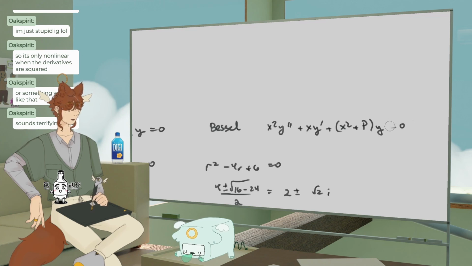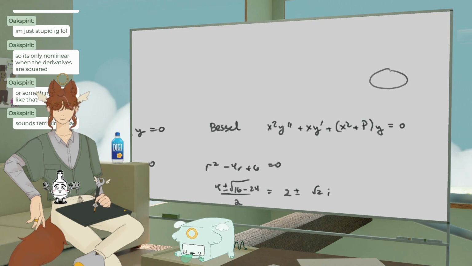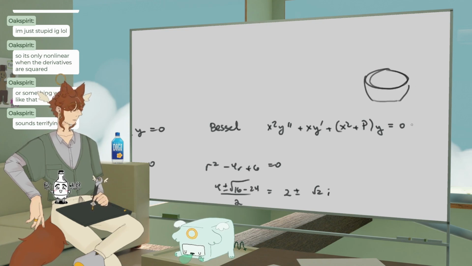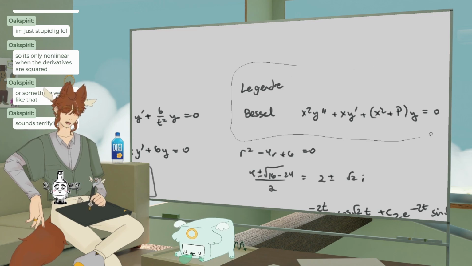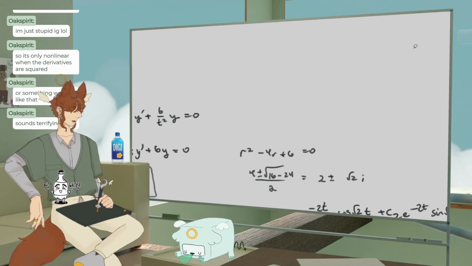This gets used in engineering a lot for modeling vibrations on a circular surface, like on a drum. There's also the Legendre polynomial, about terminating series. That's all series stuff though.